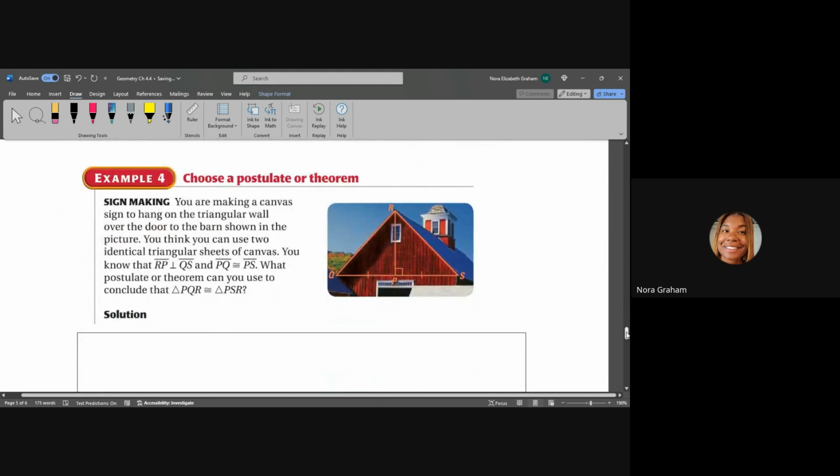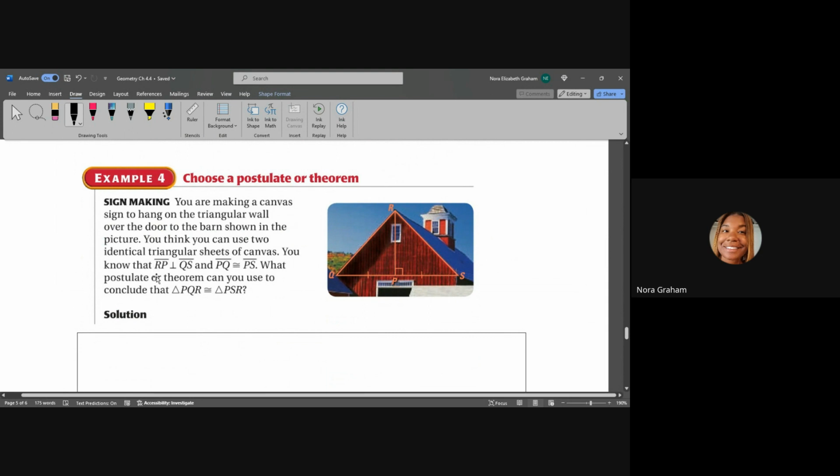For this one, we're going to choose the postulates or theorem. Oh, we don't have to write anything for this. This one won't be that bad. You are making a canvas sign to hang on the triangle wall over the door to the barn shown in the picture. You think you can use two identical triangle sheets of canvas.